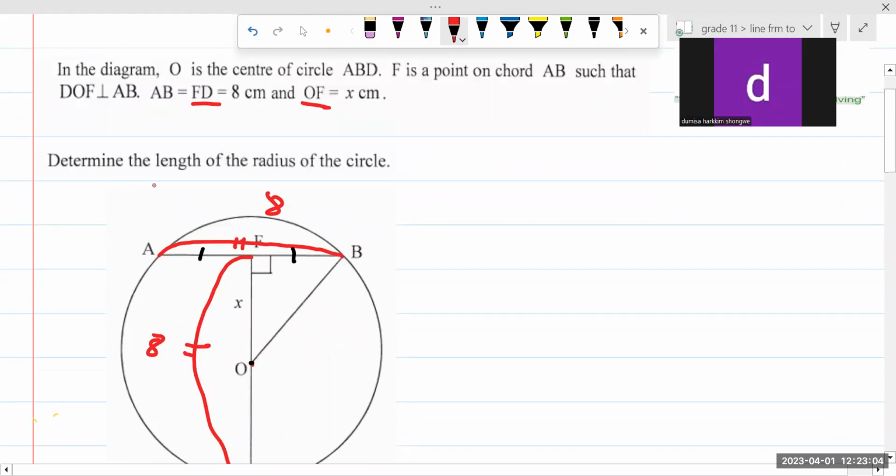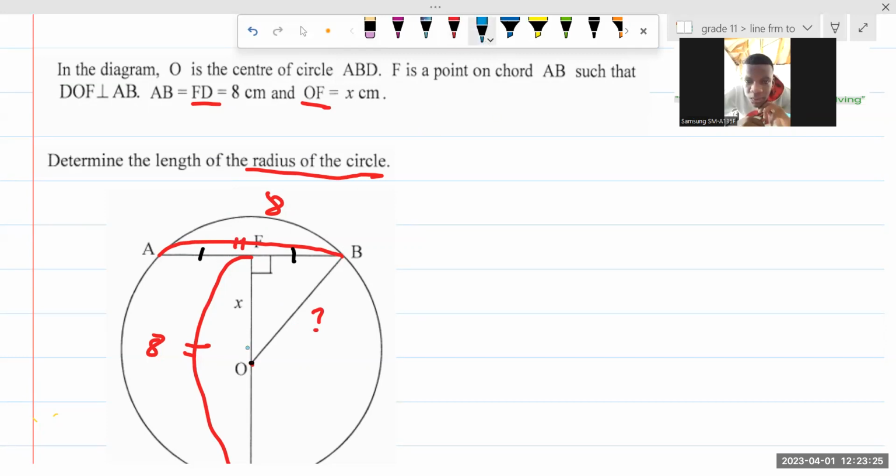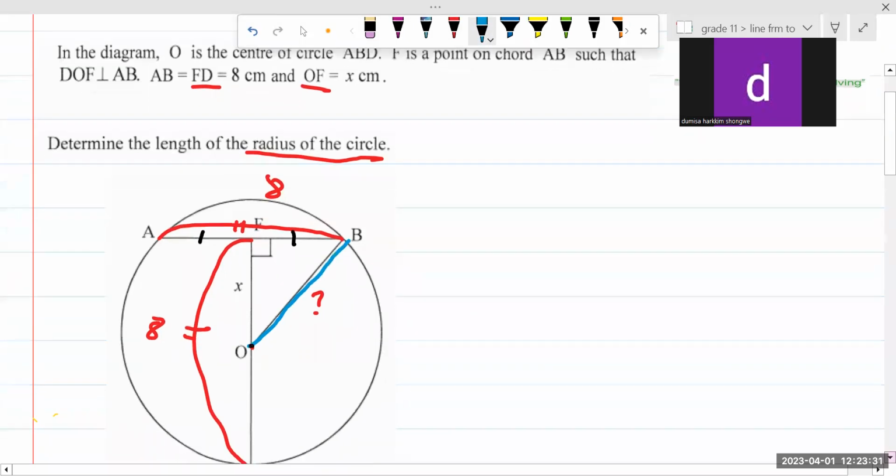Now, what are they looking for? They're saying I should determine the length of the radius. So I want to get the radius here. I want to know what is going to be this thing here, which is going to be our radius. Our radius is a line from the center to the circumference. It's not a line from the center to the chord. It's a line from the center and then it goes to the circumference. Okay, I want this. But while we are still on the same diagram, look at the following.